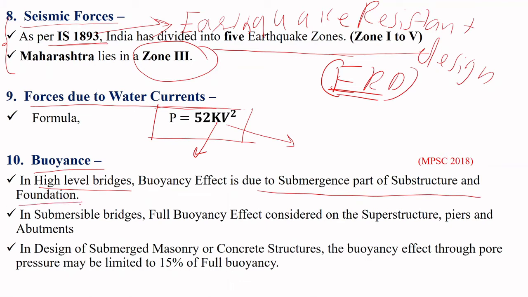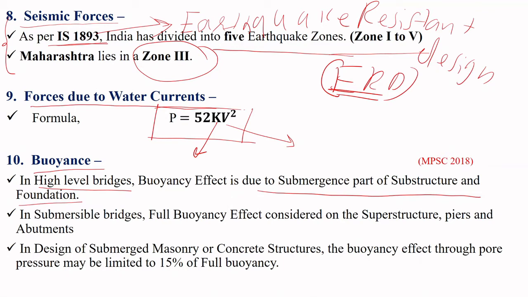We know Archimedes gave the principle of buoyancy, but when we design a high level bridge, we consider only those parts that are submerged, the parts of the substructure and foundation under the water.